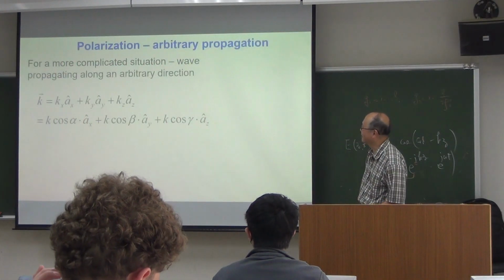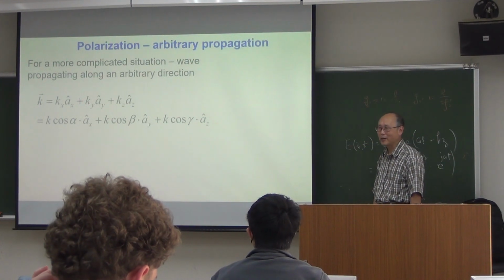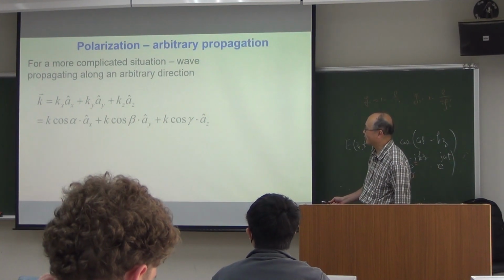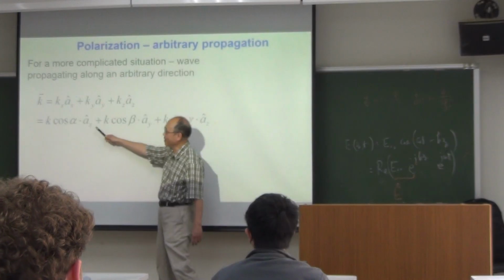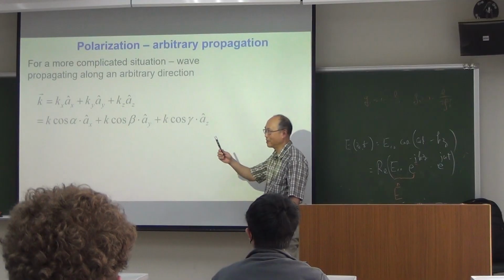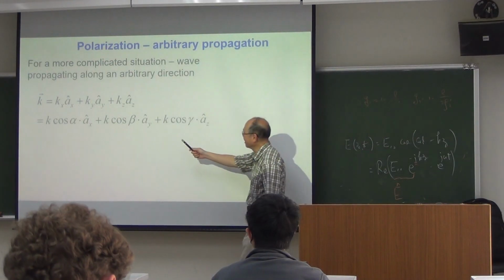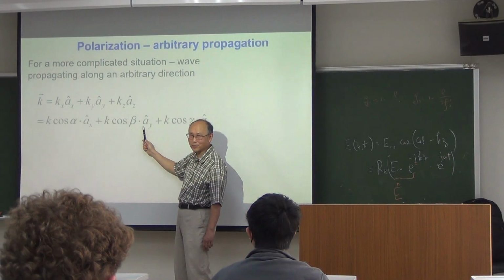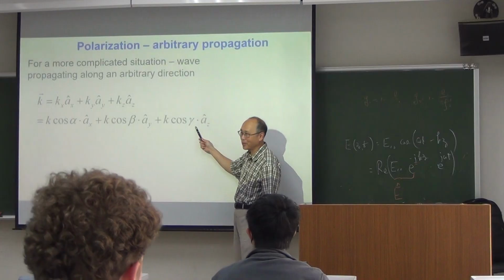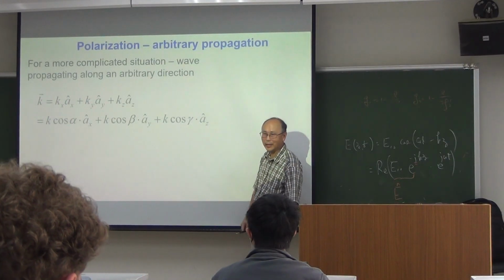So let's adopt it. And previously we talked about the wavefront defined by this k vector and also the direction cosines. Cosine alpha, beta, gamma: alpha is the angle between the k vector and the x-axis, and beta is the angle between the k vector and the y-axis, and gamma is the angle between the k vector and the z-axis.